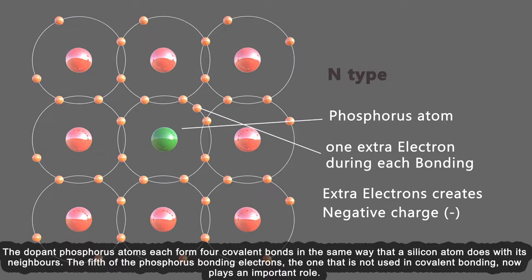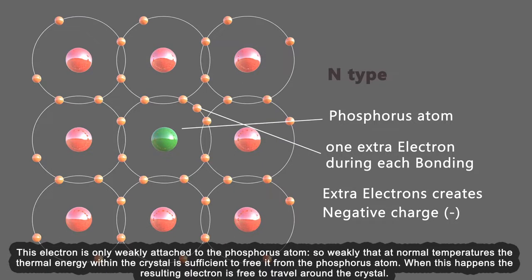The fifth of the phosphorus bonding electrons, the one that is not used in covalent bonding, now plays an important role. This electron is only weakly attached to the phosphorus atom, so weakly that at normal temperatures the thermal energy within the crystal is sufficient to free it from the phosphorus atom. When this happens, the resulting electron is free to travel around the crystal.